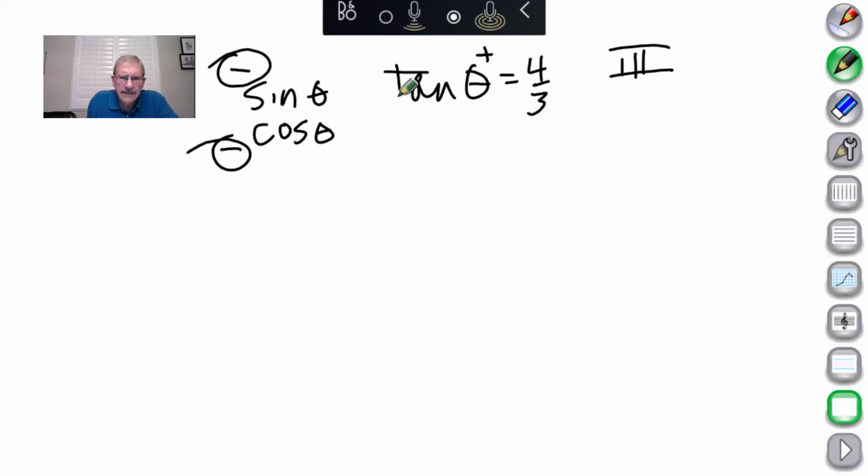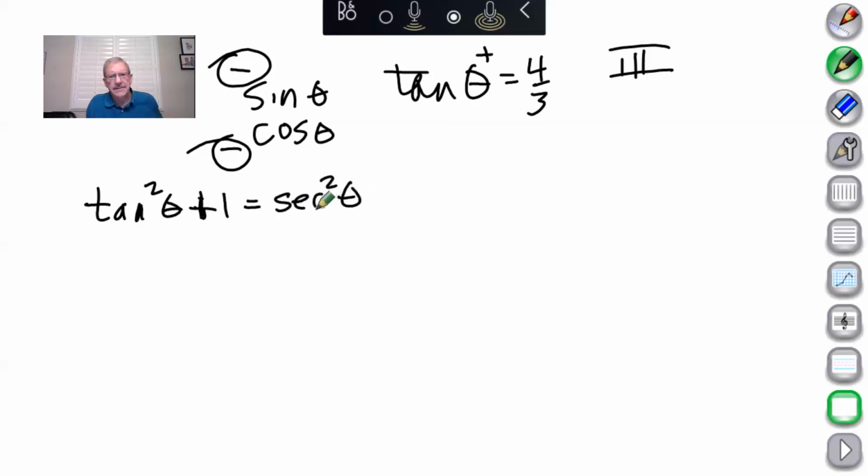So we know the tangent is sine over cosine. That might seem a good way to start, but then again, what do you do after that? So I think a better approach would be tangent squared theta plus 1 equals secant squared theta.